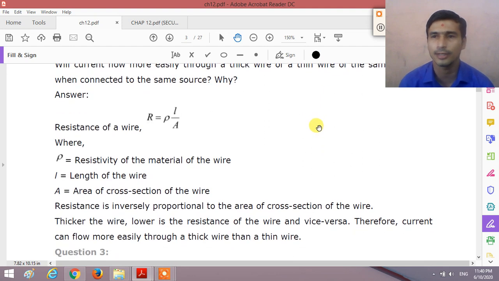So we conclude our point: the thicker the wire, the lower the resistance of the wire. Therefore the current can flow more easily through the thicker wire compared to the thin wire.